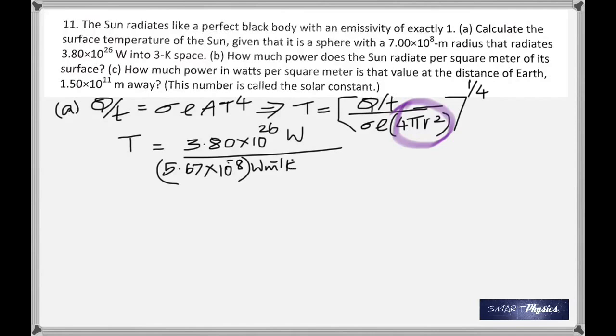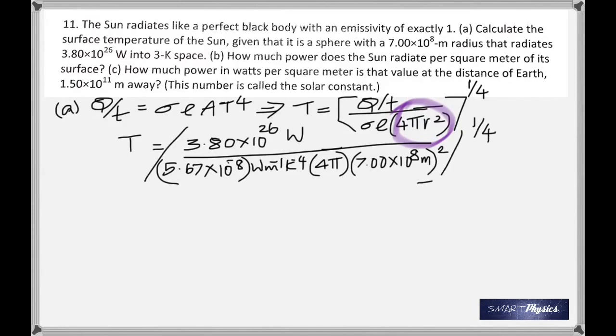And then you have sigma. E is 1, so I'm not writing that. And then 4 pi times the square of the radius, 7 times 10 to the 8 squared. Whole raised to 1 by 4. When you calculate that, you get 5.74 times 10 to the 3 Kelvin.